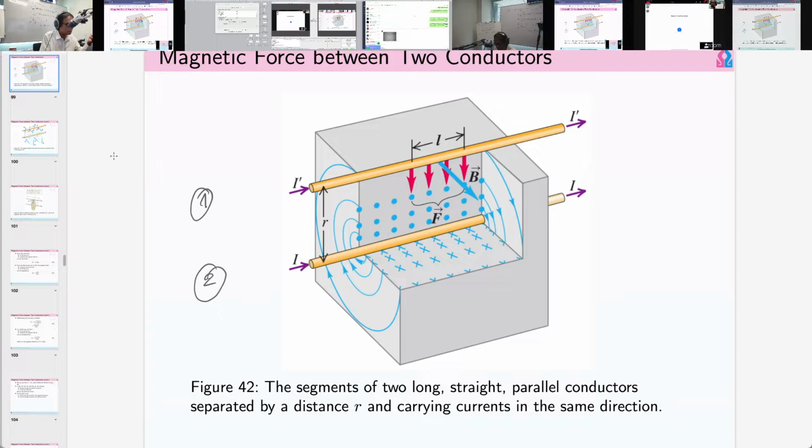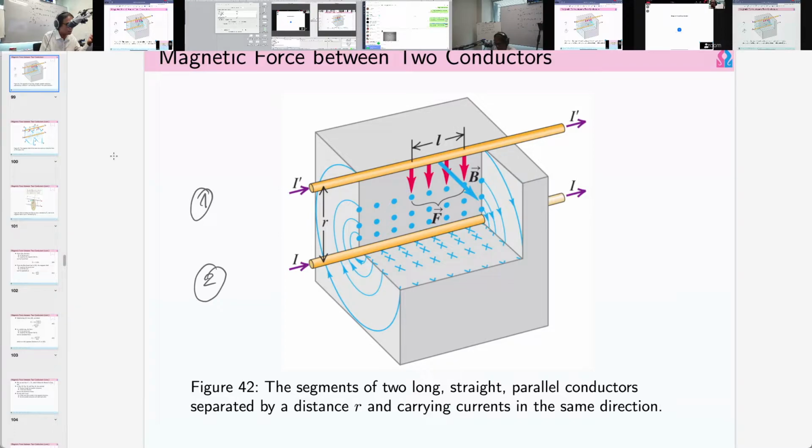All right, here, let's say for simplicity in the first case, we assume that the current flows in the same direction through both conductors, from left to right. For generality, we assume that the first conductor has the current of amount I dash, I prime, from left to right, like this.